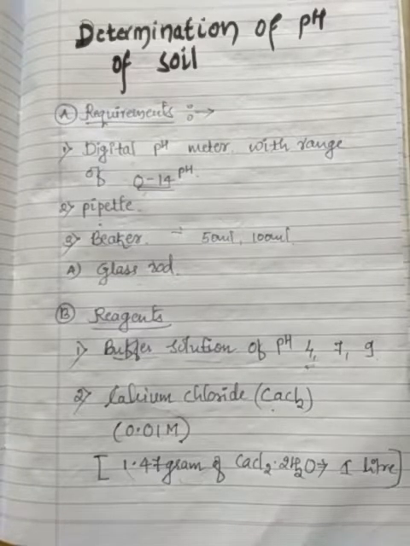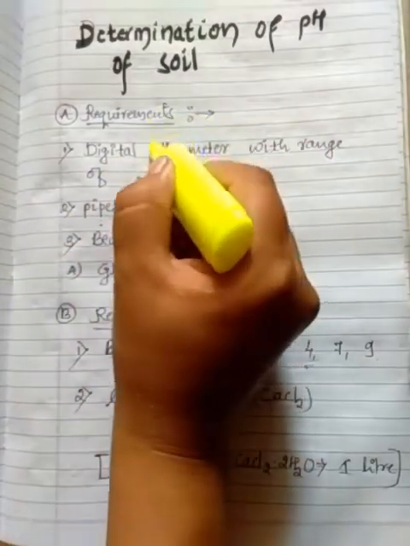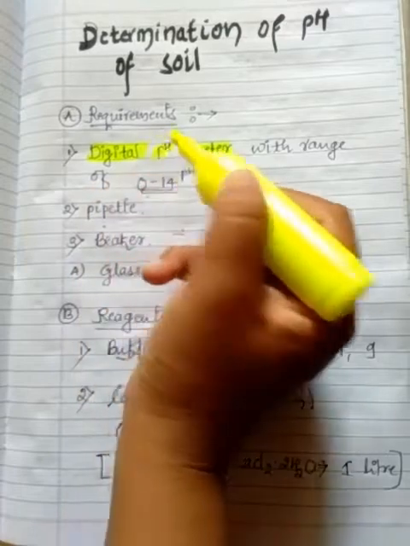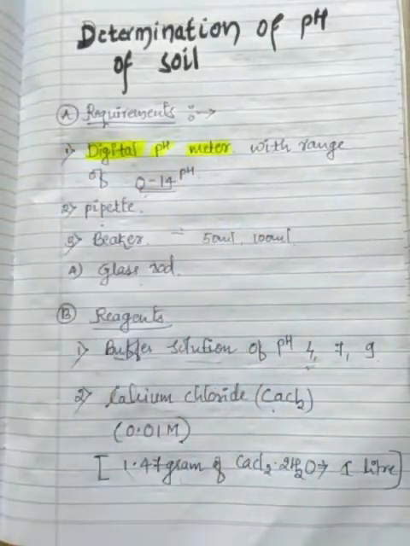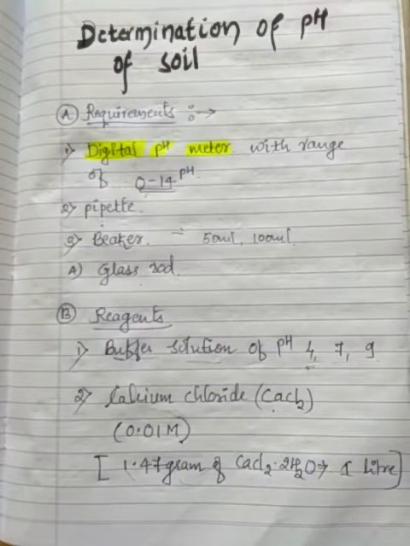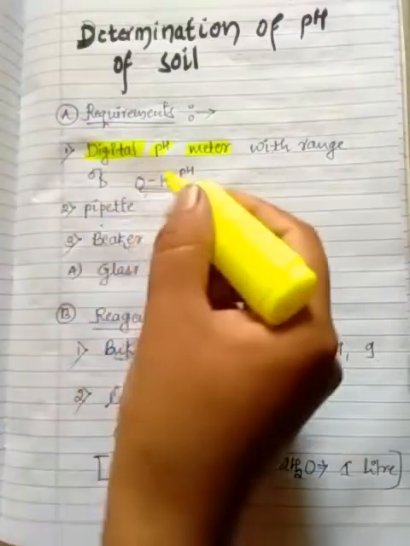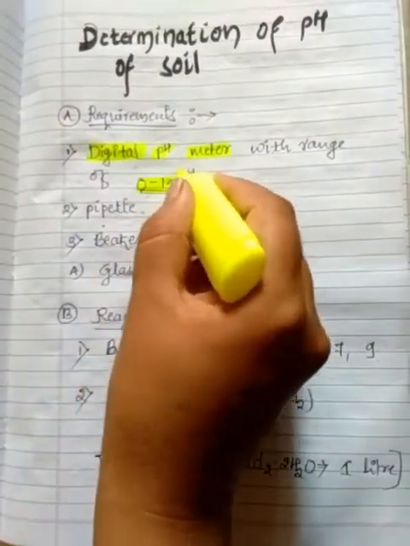For that we will first take a digital pH meter. How it looks, as you already saw in the BSc clip, the same physical experiments, conductometer you saw, potentiometer you saw. In the same way, here the digital pH meter has a pH range of 0 to 14.